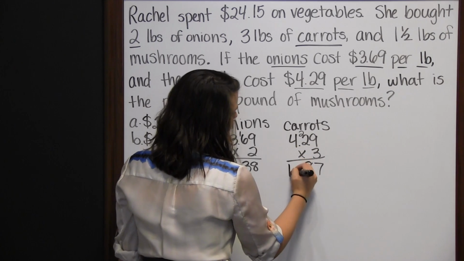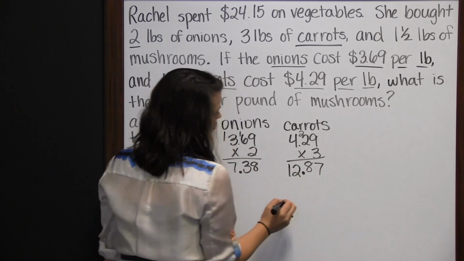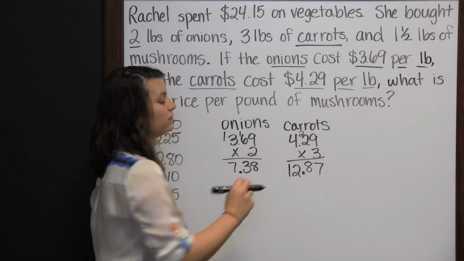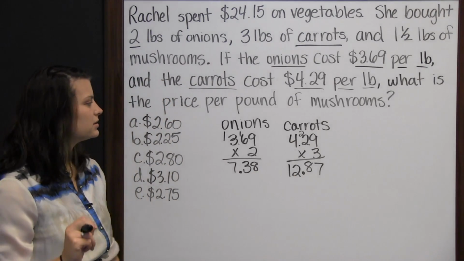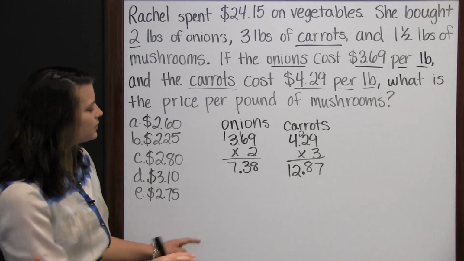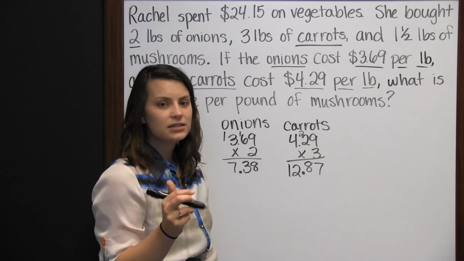And 3 times 4 is 12. 2 numbers behind the decimal, 2 numbers behind the decimal. So she spent a total of $12.87 on carrots.